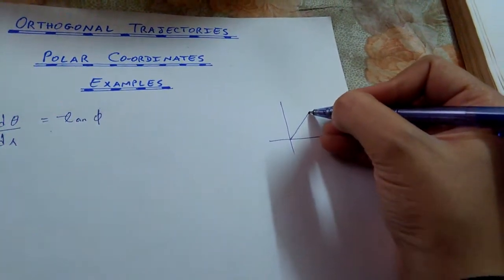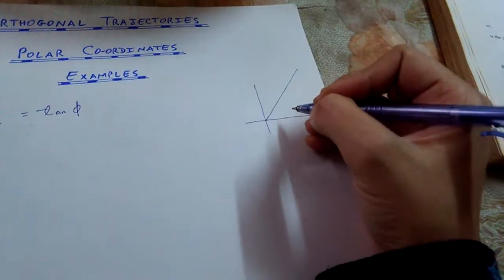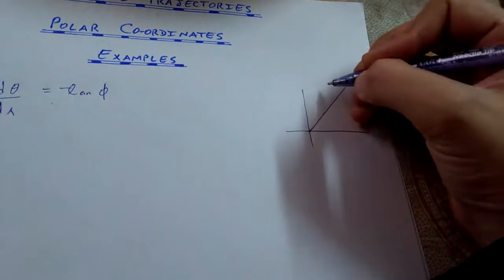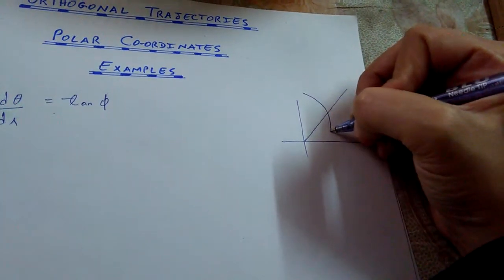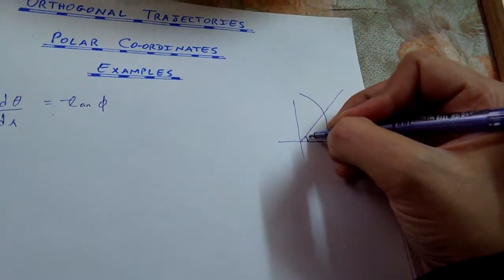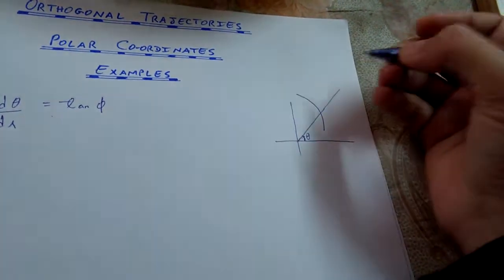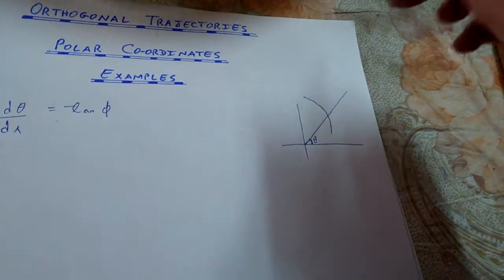this is said to be a radial axis, and we just call it r, and we draw a curve over here like this. This is the angle theta. We have a certain family of curves out of which I have picked up a single curve.